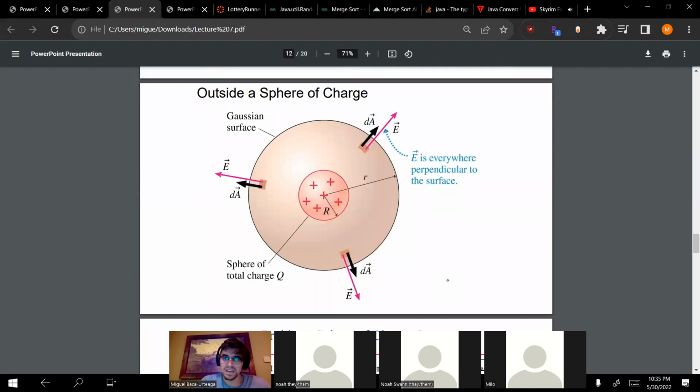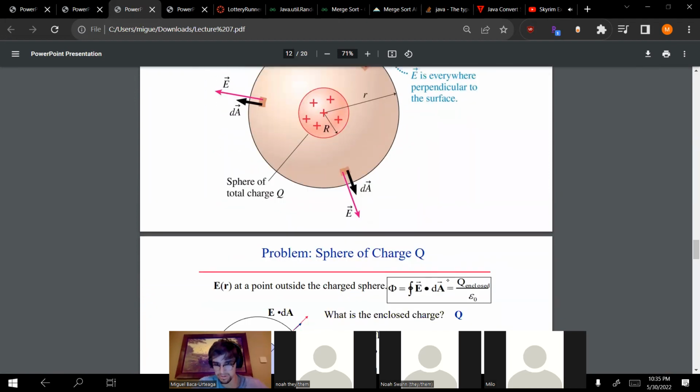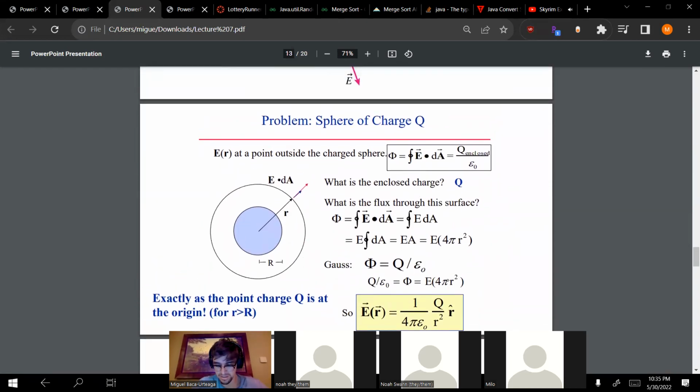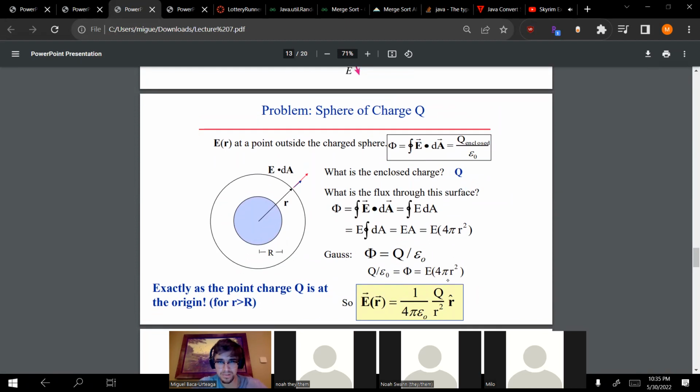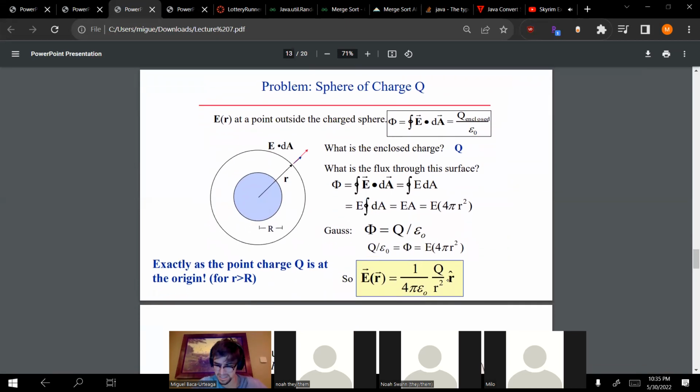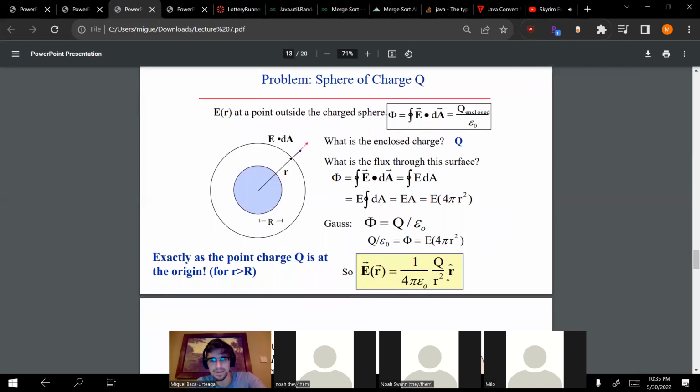Outside a sphere of charge. So I do have the example question for this one. This is really nasty to look at, I'm going to be honest. The way they do it in the book is a little bit better, I think.